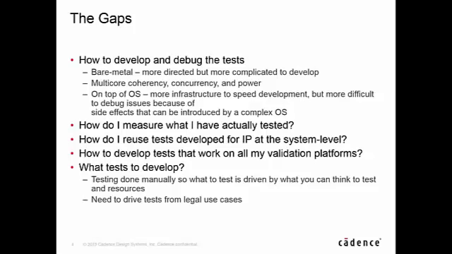And then finally, what tests to develop? That's another big issue, because as we pointed out, these system-level spaces are significant and can lead to a large number of tests. So what tests do I develop?